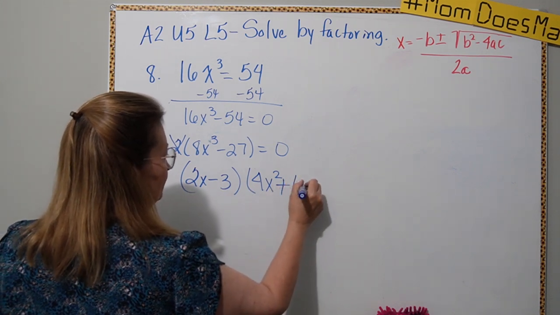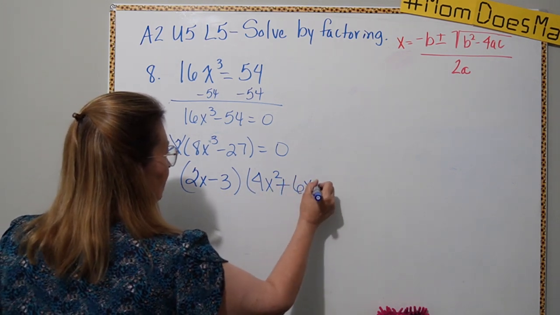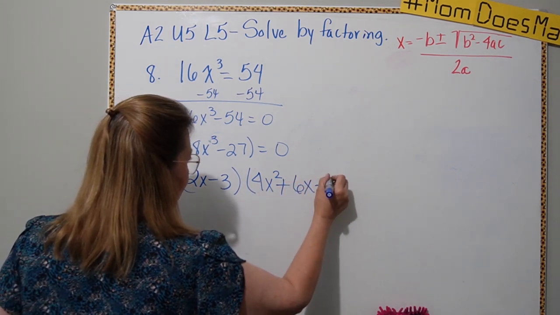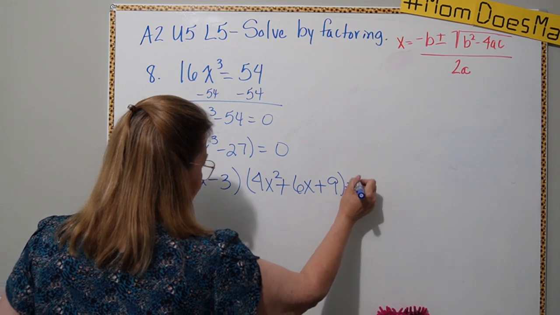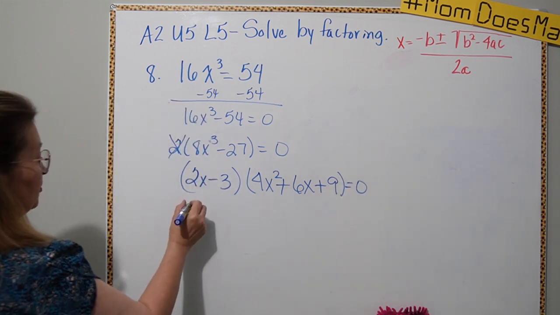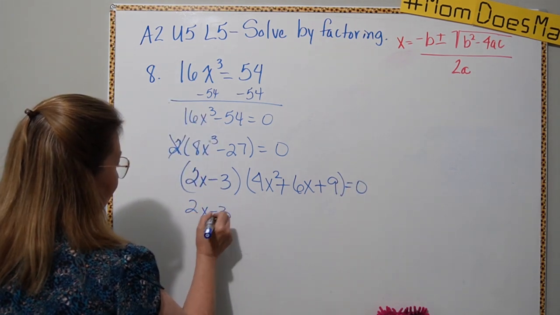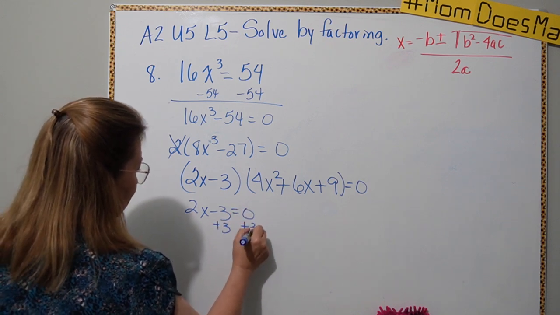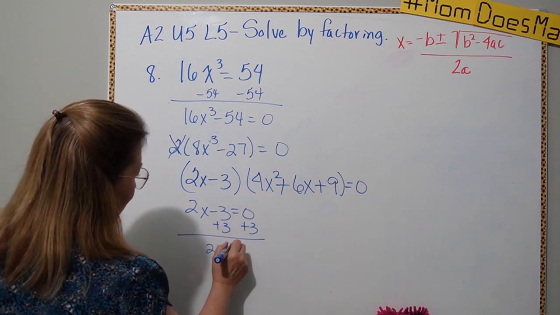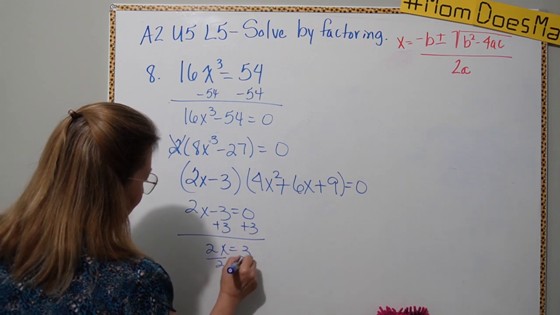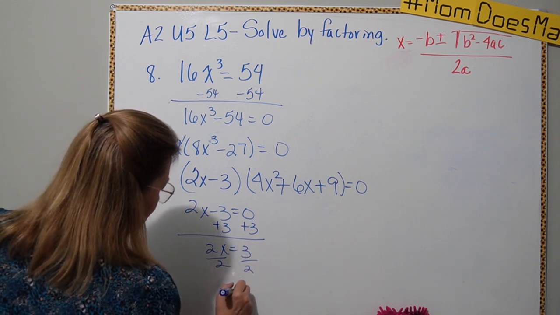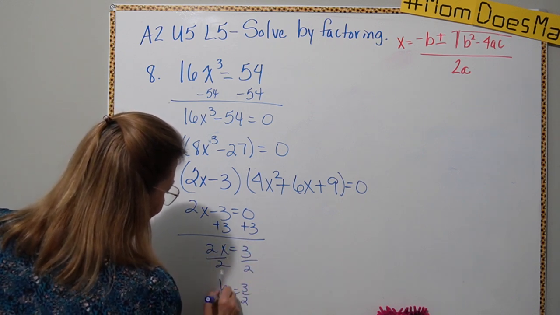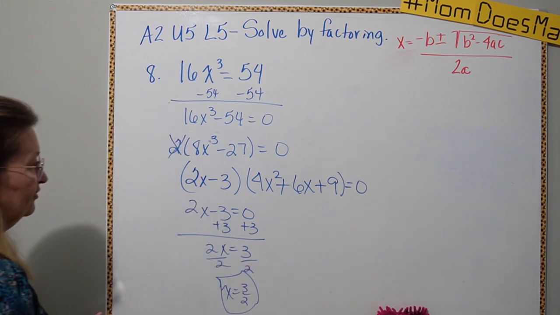We multiply these two together, get 6x, always positive 9. Okay? So this one, we can go ahead and figure out where that 0 is. We would add 3 to each side. So 2x is equal to 3. Divide both sides by 2. So we have x is equal to 3/2 is one of our zeros.